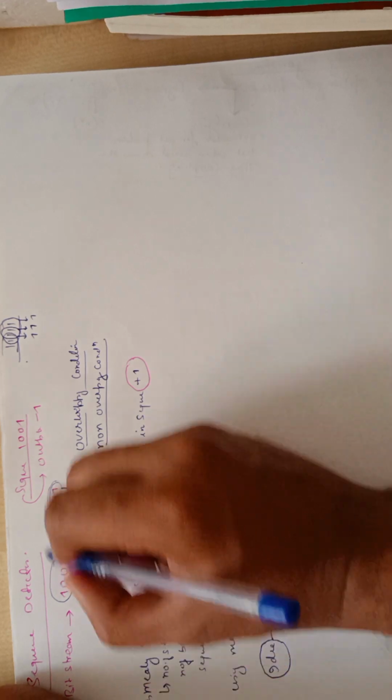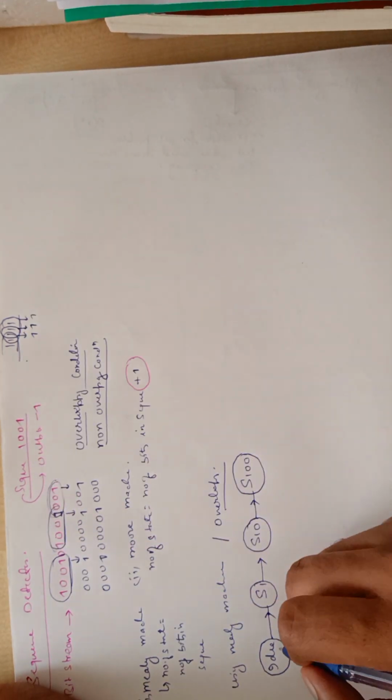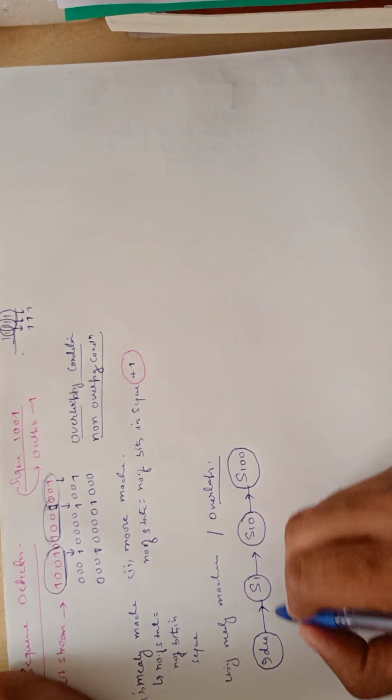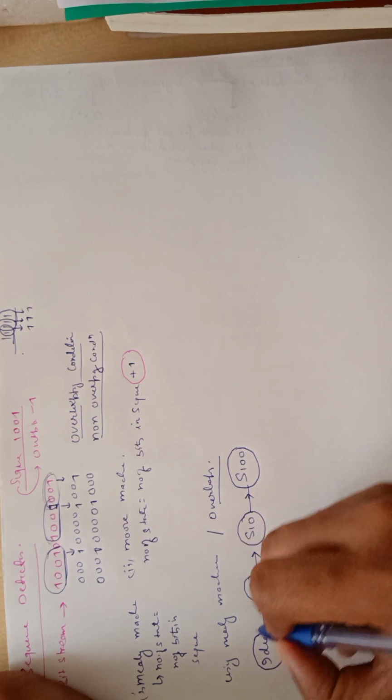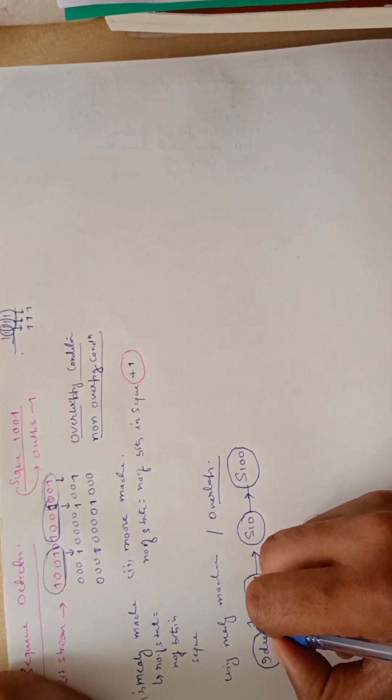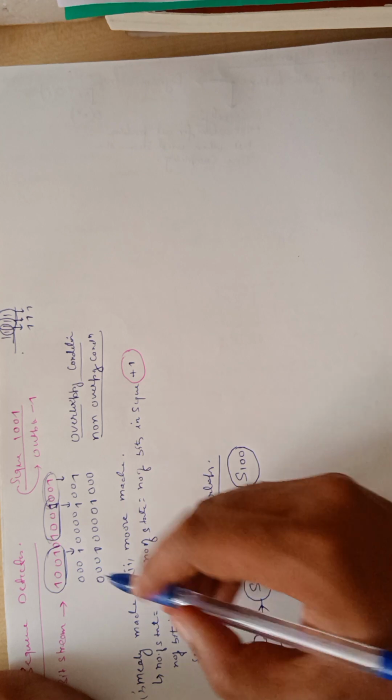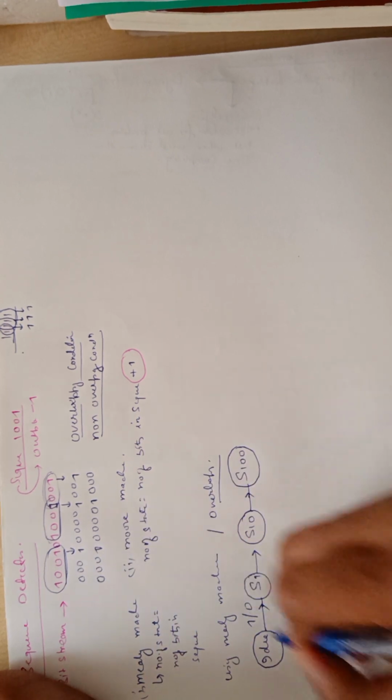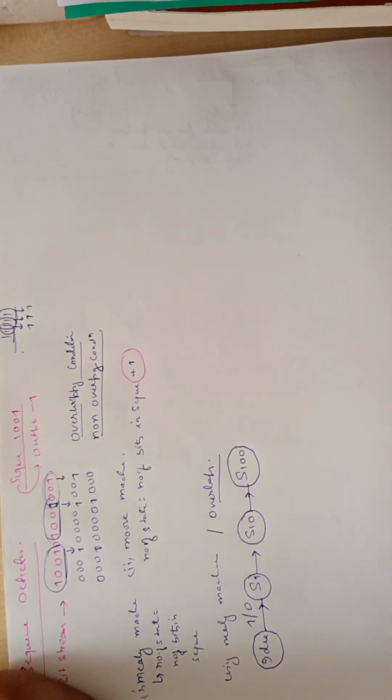As we are looking for the sequence 1001, we are going from idle to S1, we need an input 1, so this is the input, and the output corresponding to that is 0.